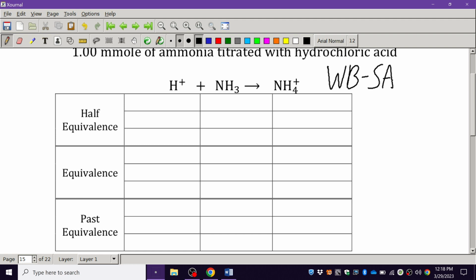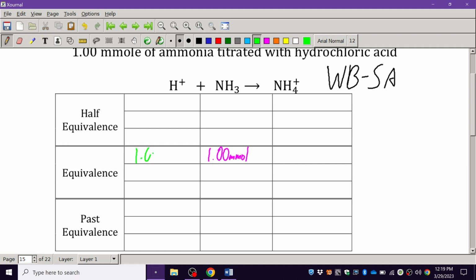Okay, so let's do exactly the same thing we've done before. Let's start with the equivalence point. If I start with 1 millimole of ammonia, let's put that in there first. Then it's going to take the same amount of acid to reach the equivalence point.